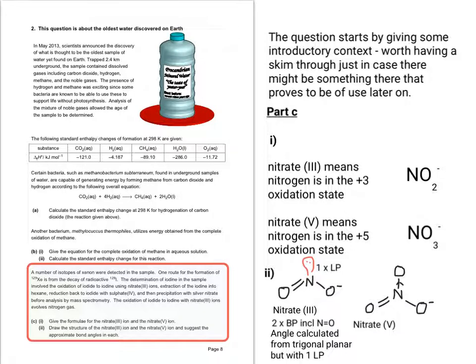So that would mean that you'd have to take your 120 degrees and reduce the bond angle by 2.5 degrees, roughly. So your bond angle would be in the region of 117.5 degrees. And in the case of nitrate 5, it's regular trigonal planar, so 120 degrees.